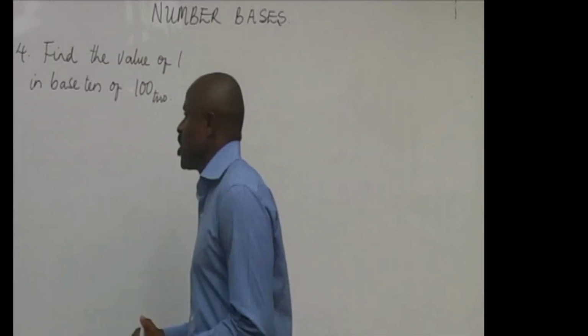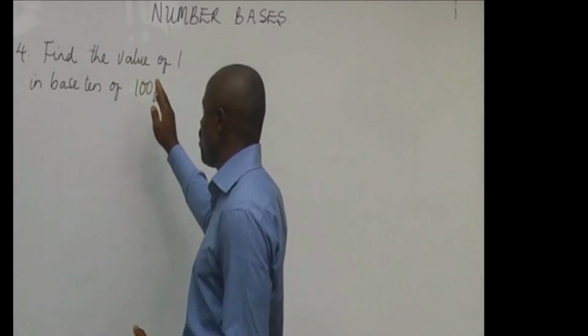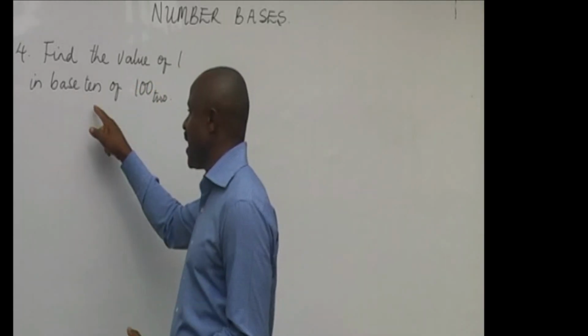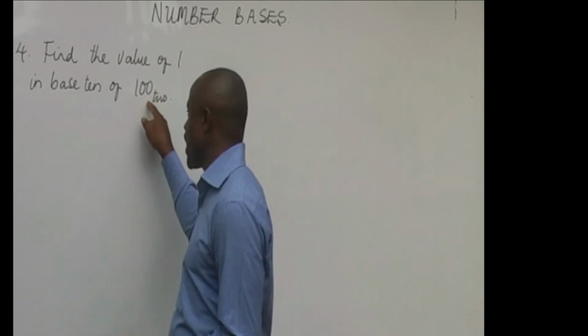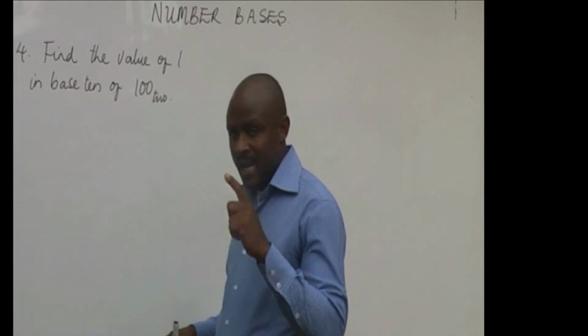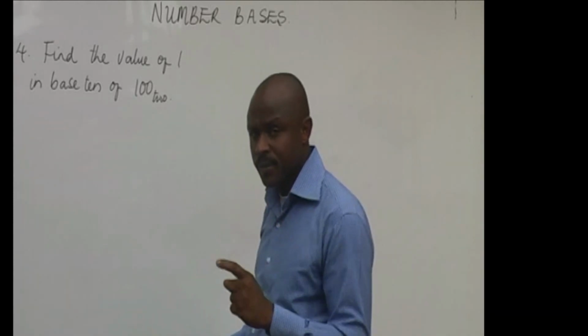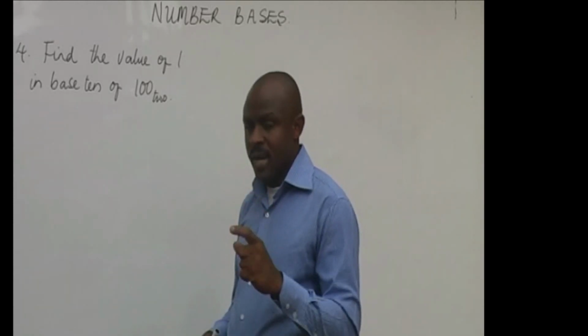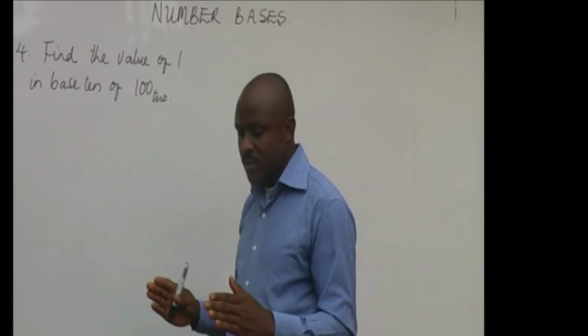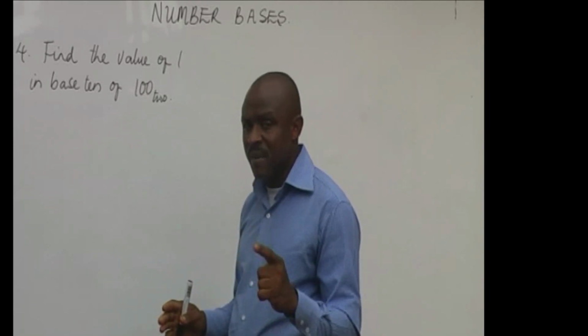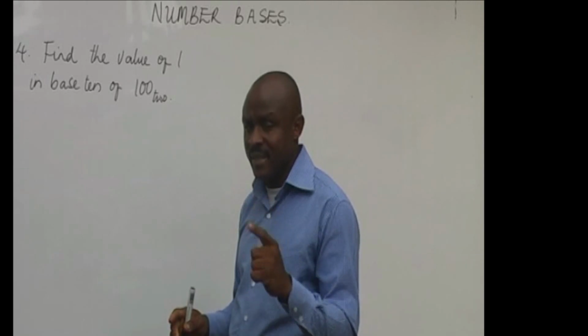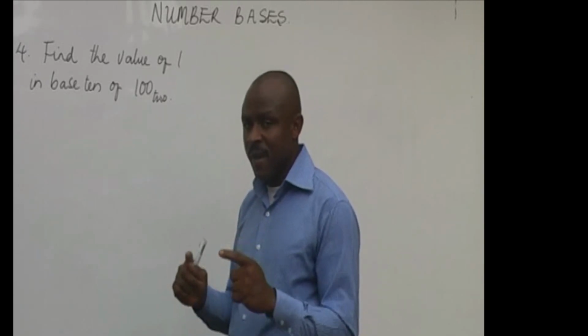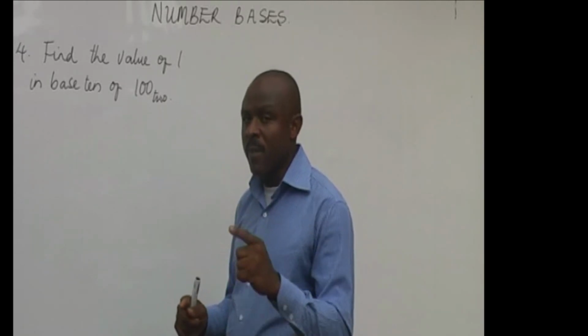Question number 4 says you should find the value of 1 in base 10 of 100 base 2. There tends to be confusion among students about finding the place value of a particular digit and finding the value of a particular digit.